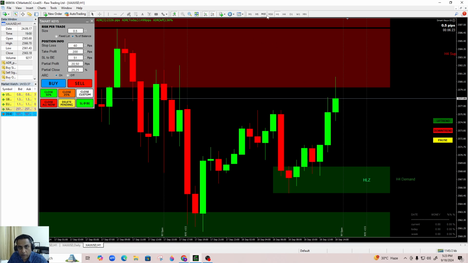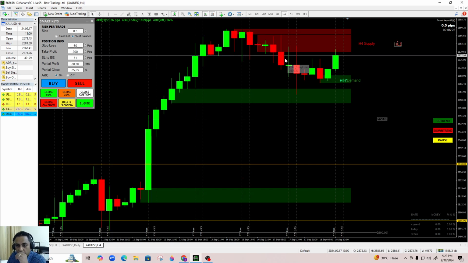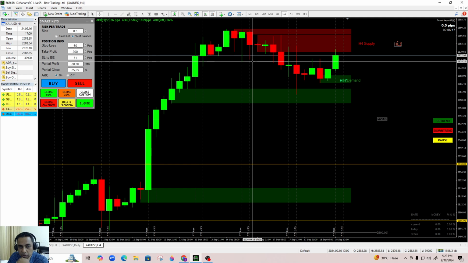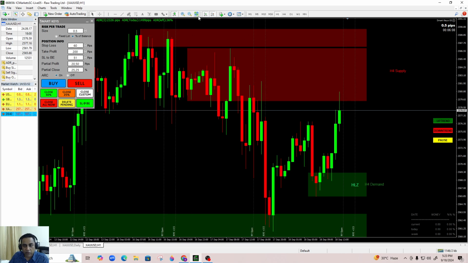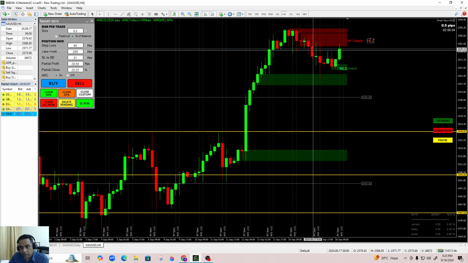Okay. Now this zone did take these out. It did take it out, but it did test it. So if you go down to the H1, it should be clearer. Okay. So that's the opening.